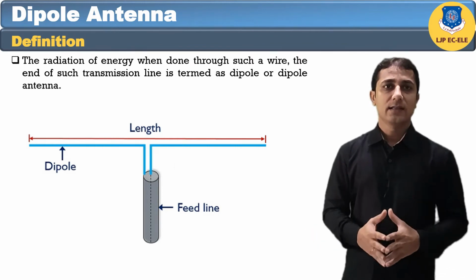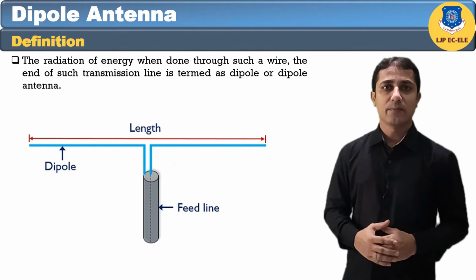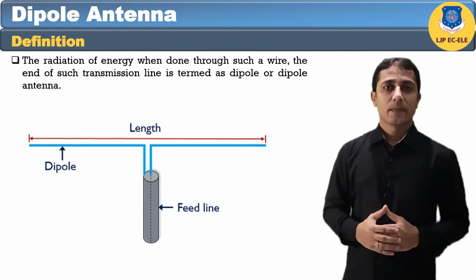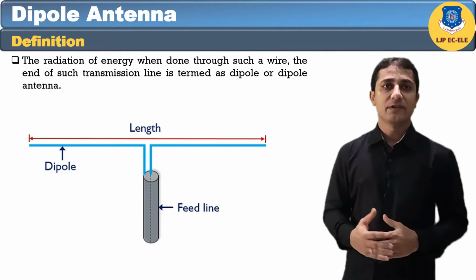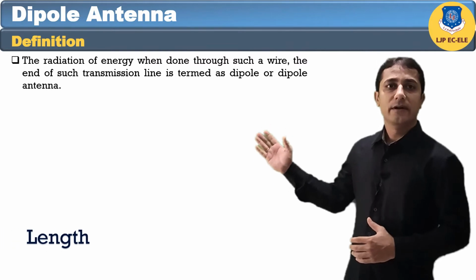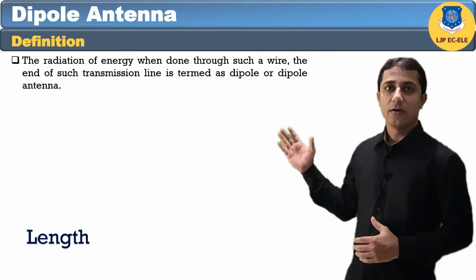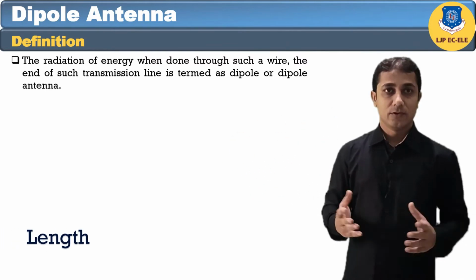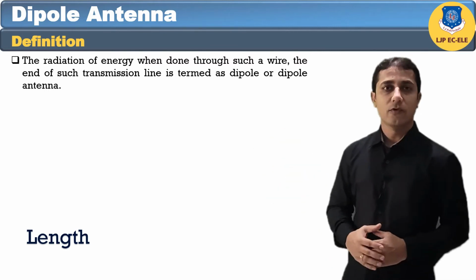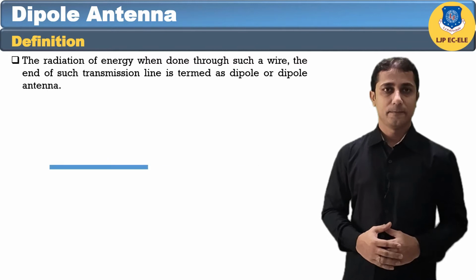Hence, at the time of designing, we have to consider the material, radius and length of the dipole. Normally the input impedance is around 72 ohm for the dipole antenna.